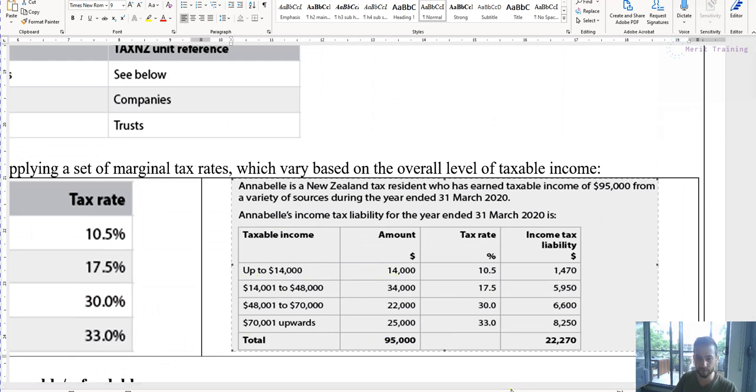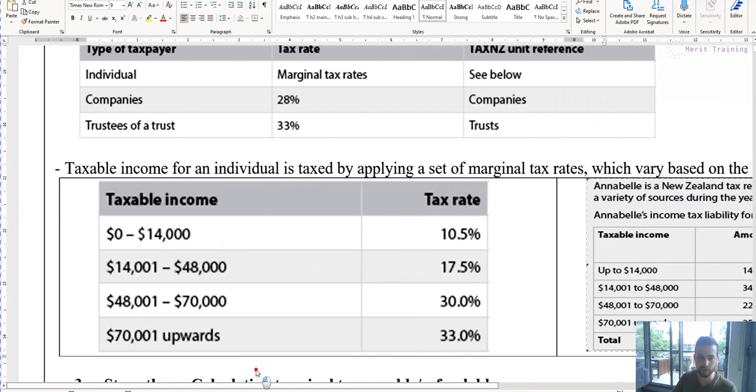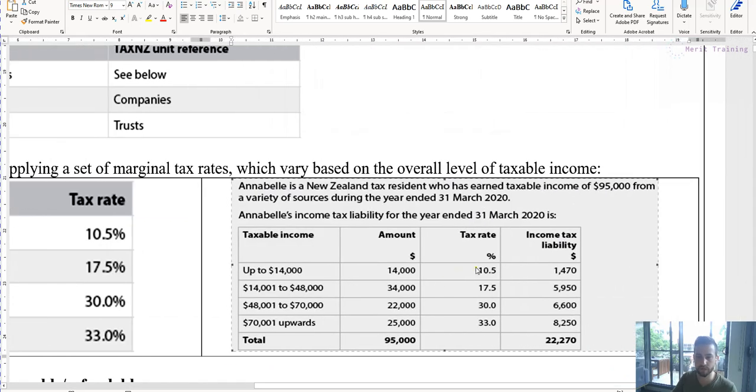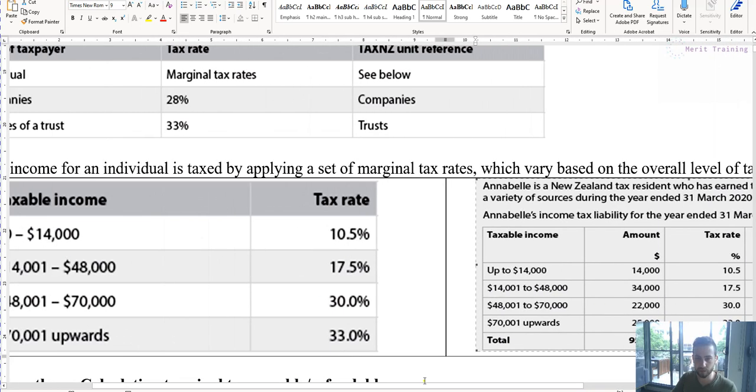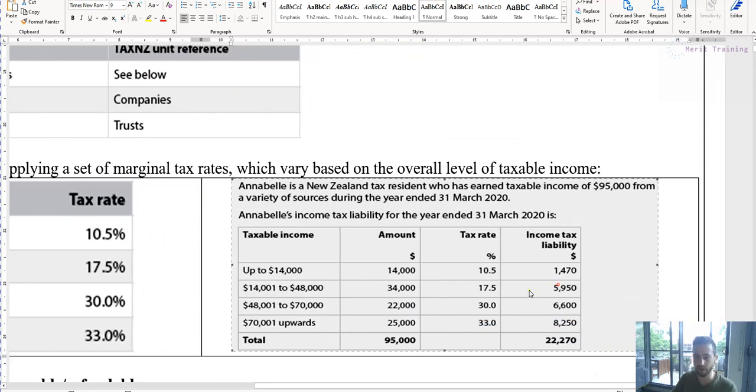So for the threshold between $0 and $14,000, we calculate the tax at 10.5%. All you do is multiply $14,000 by 10.5%, which equals 1,470. For 14,000 to 48,000, all you do is multiply the difference between these two numbers, which is 34,000, by the tax rate for that bracket, which is 17.5%, and that equals 5,950.